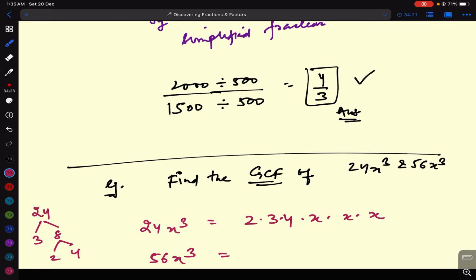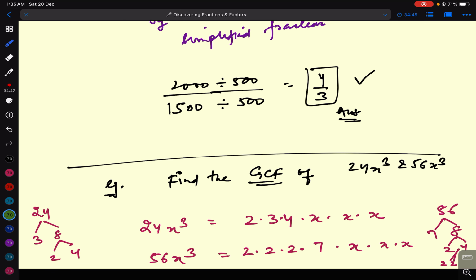Similarly for 56, I can write it as 7 times 8. 8 can be written as 2 times 4, and 4 can be further written as 2 times 2. So this is 2 times 2 times 2 times 7. And then we have x times x times x.